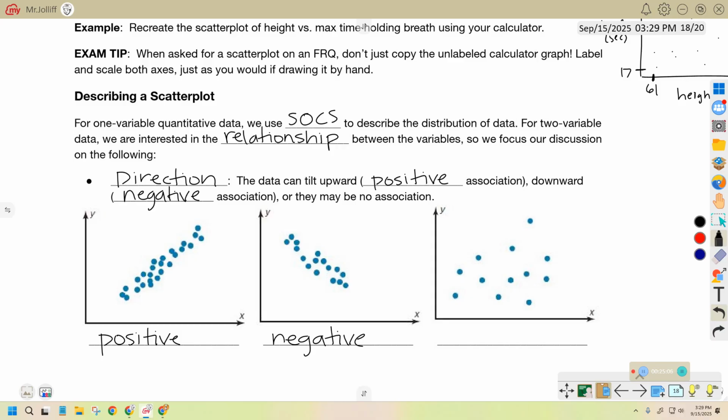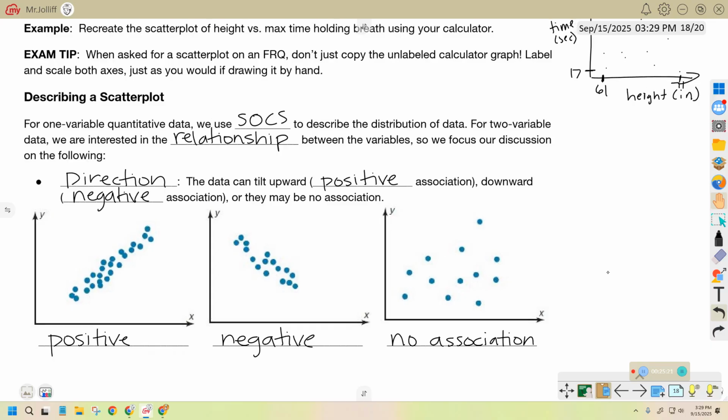The last case is I have something that is blob-like, and that indicates that there is no association between the variables. There are two ways this might show up. The first is blob-like.